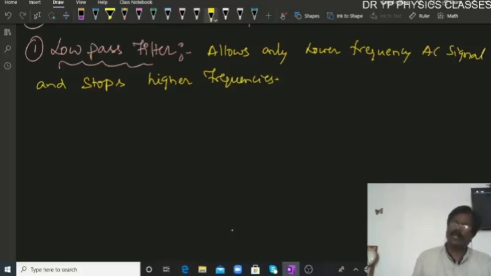So low pass filter always allows only lower frequency AC signal and stops higher frequency AC signals.